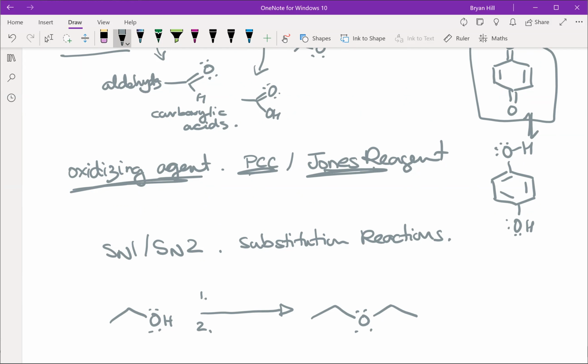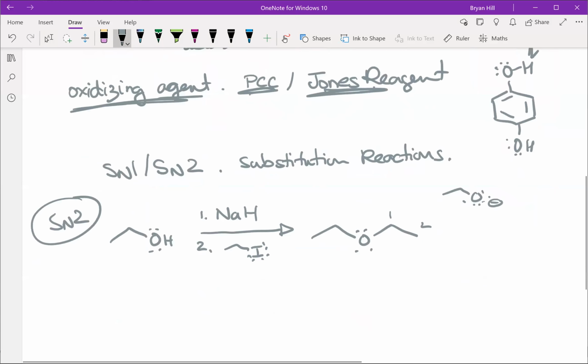We want to convert the OH into a nucleophile, so we use something to deprotonate it. Sodium hydride would make the alkoxide, and then we would put in the electrophile, which adds 2 carbons. So maybe 2 carbons and an iodine as the leaving group. And this would be an SN2 reaction.